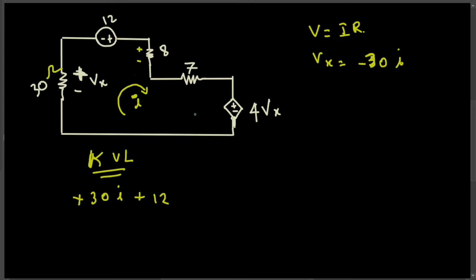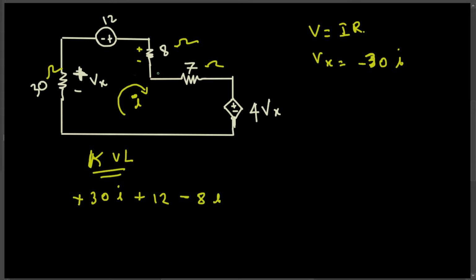So this, again, here we apply Ohm's law, that is I times R. R is 8 ohm, this is 7 ohm. So 8 times I, and that's going to be negative because it's going from plus to minus.